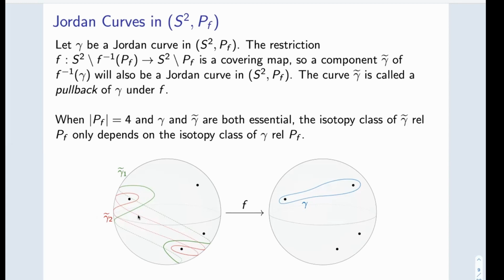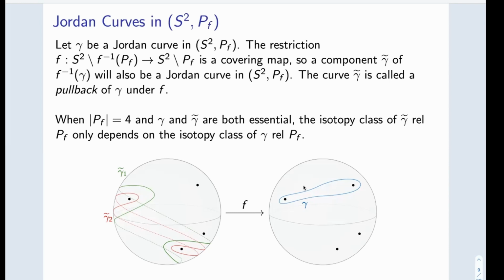And if it just so happens that one of these preimage curves, which we call pullbacks, is essential, then the isotopy class of that pullback is only going to depend on the isotopy class of the curve on this side. At least that's going to be true in this case where I have 4 marked points.